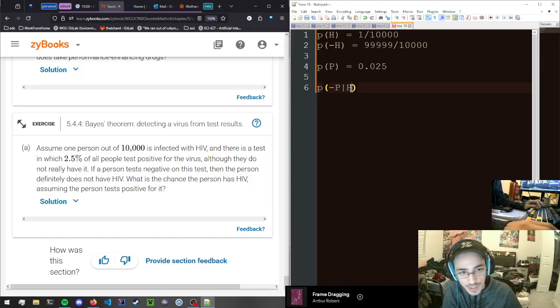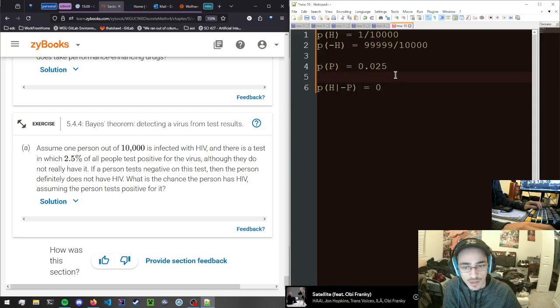So if they have HIV, wait, what? I'm confused. So the chance of them having HIV, given they tested negative, is 0. That's what that means, right?